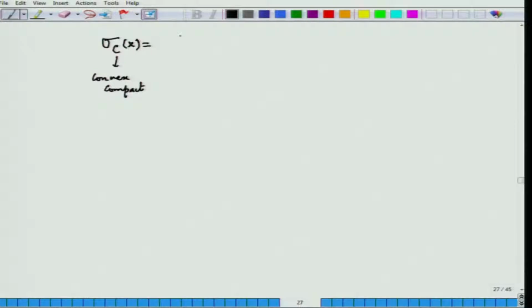So, how do I compute? I need not write sup, or max is the same thing.